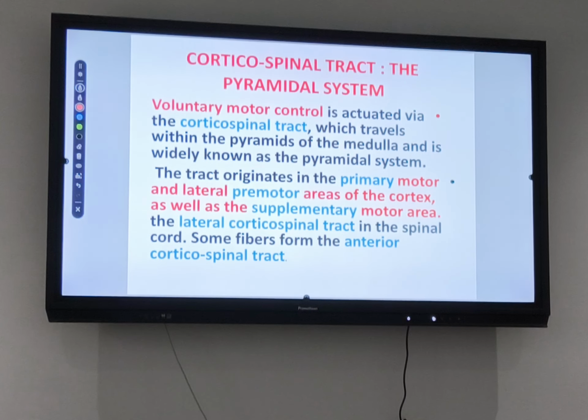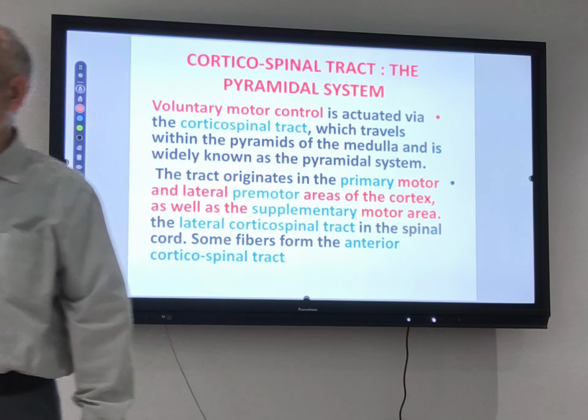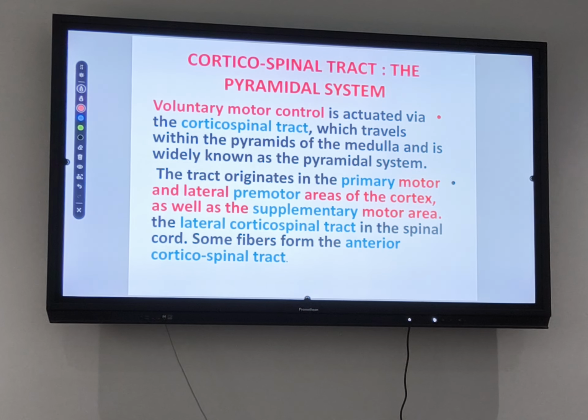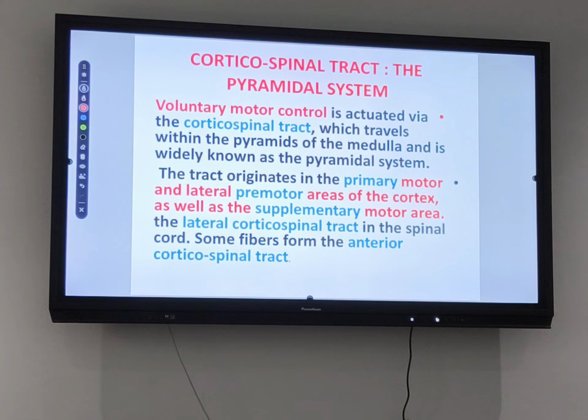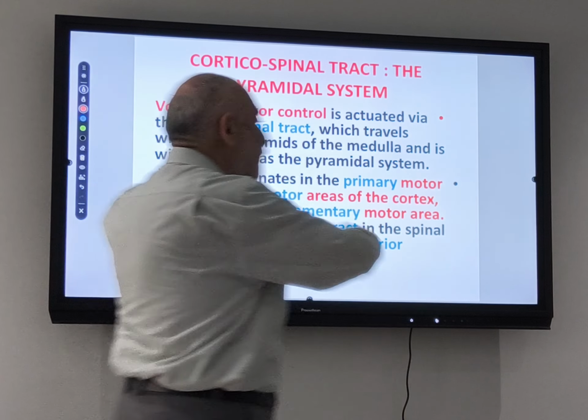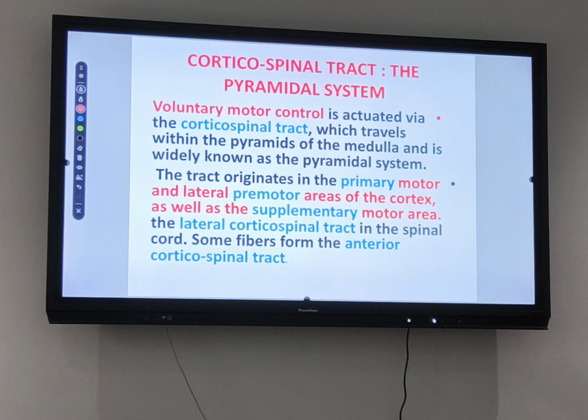What's the reason for walking like this? Because there is no corticospinal tract, destruction. So this is the pyramidal system. If you see this, please know that this is the pyramidal system.